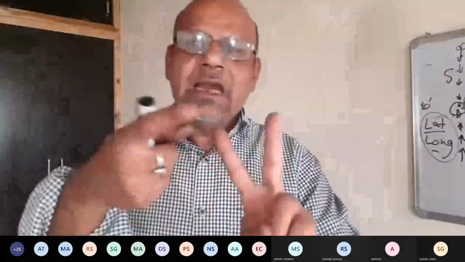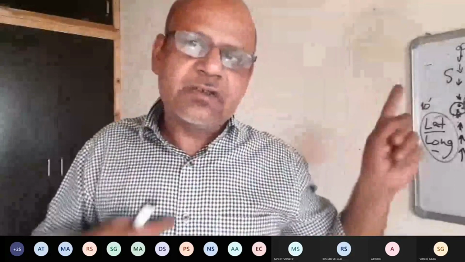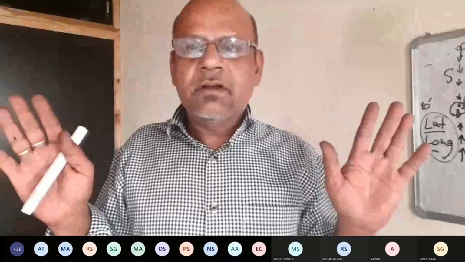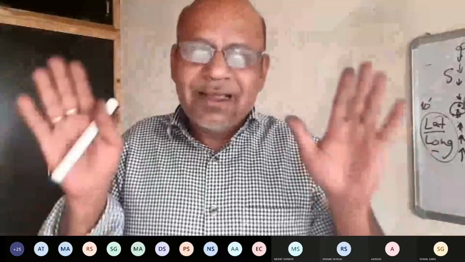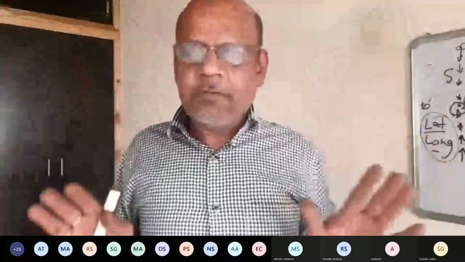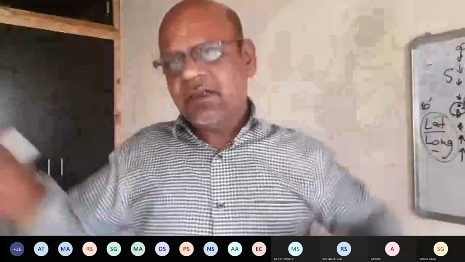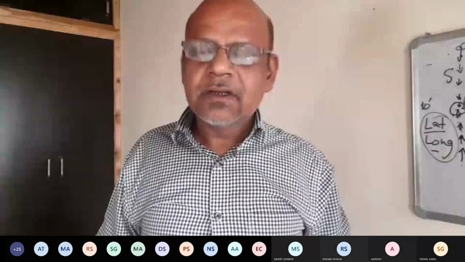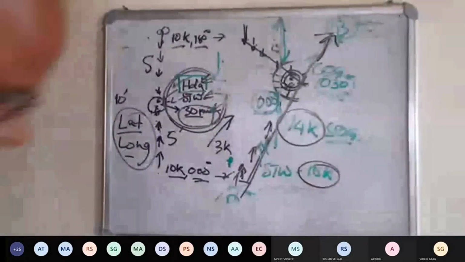When I want STW, it gives me STW, because there are conditions when I want one or the other. I cannot live with only one speed. I have to have both. So predominantly the speed logs that we have on board.